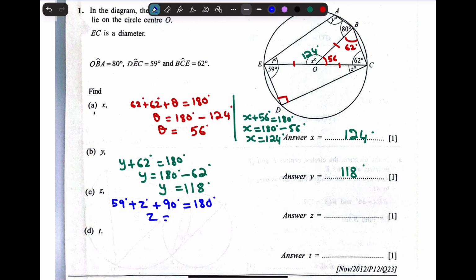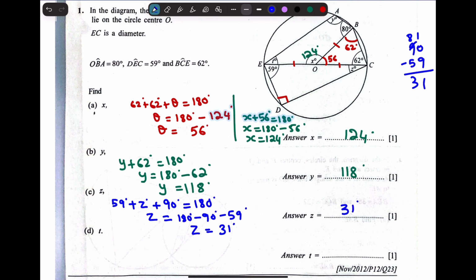So z equals 180 minus 90 minus 59, which is 90 minus 59, so angle z is 31 degrees.